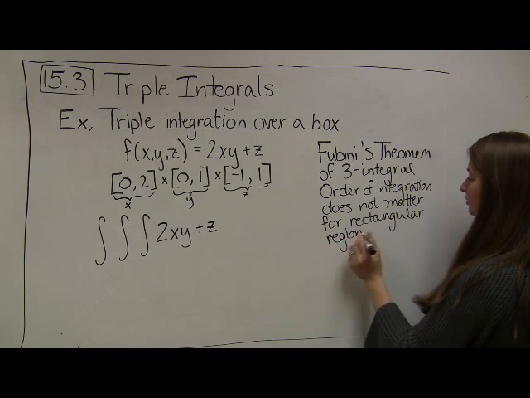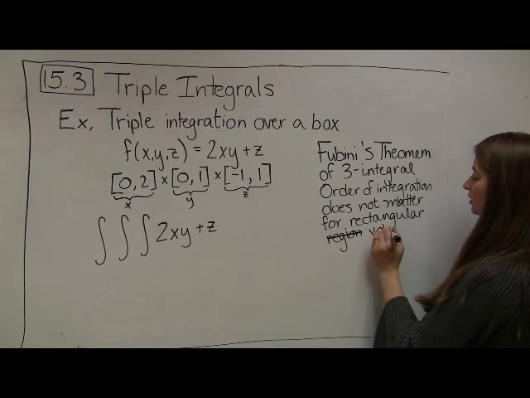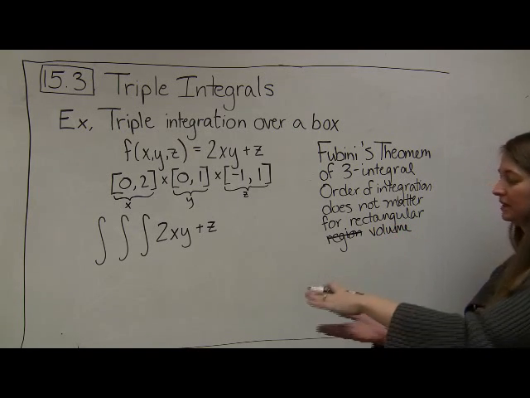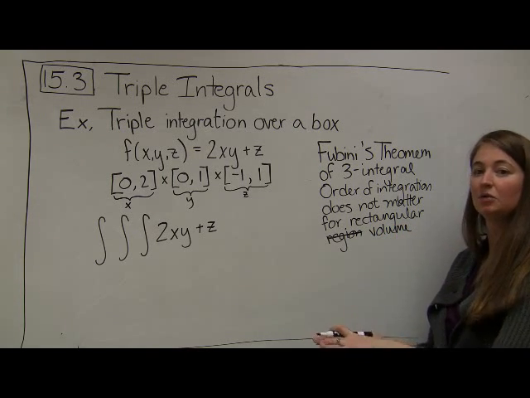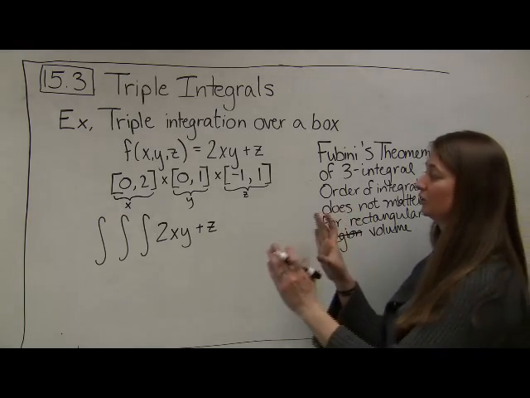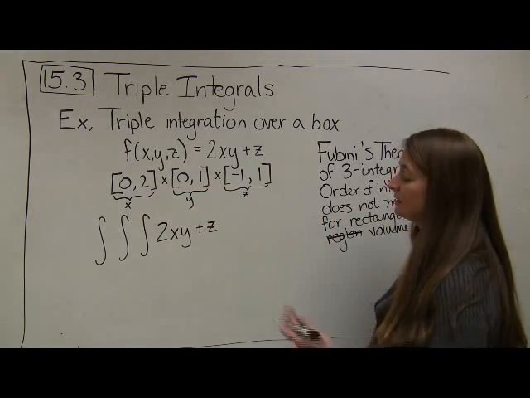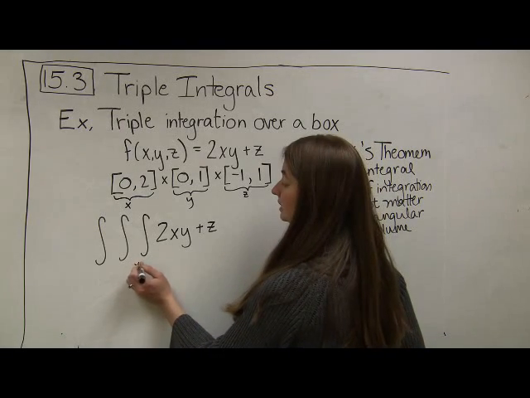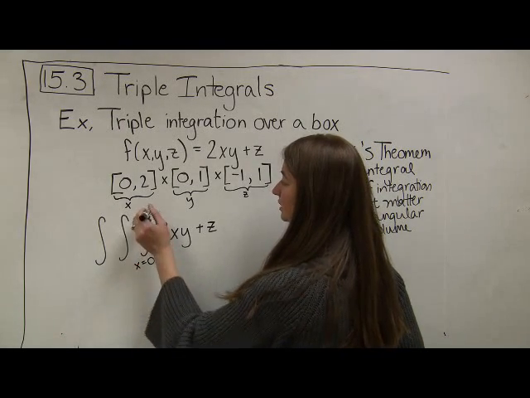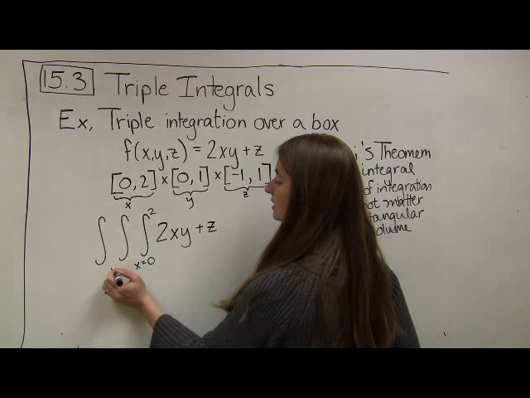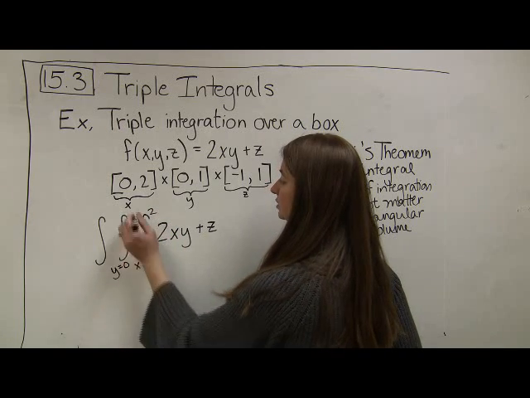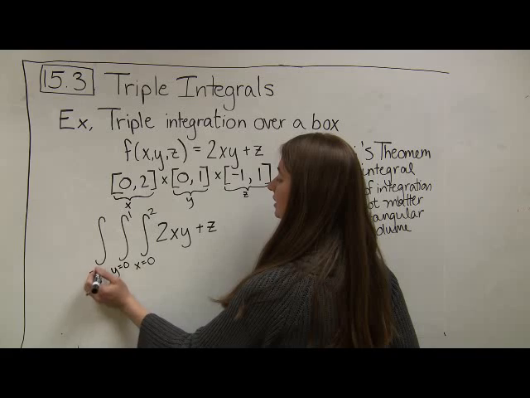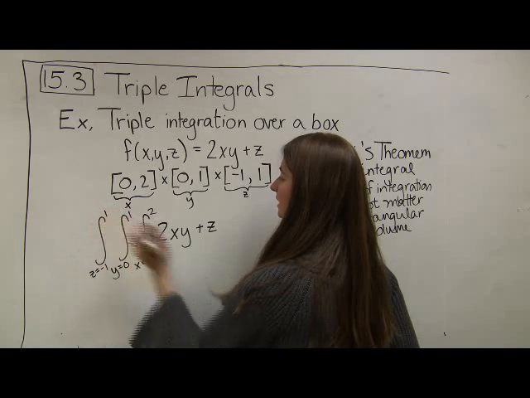And really, for rectangular regions, I really mean volumes, because a region typically is just down in the xy plane, whereas in this case, we have a whole volume, this rectangular volume. And because the order doesn't matter, I can just arbitrarily choose whichever order I want. Let's say I'll start with my integration with respect to x first, then compute my integration with respect to y second, and then my integration with respect to z last.